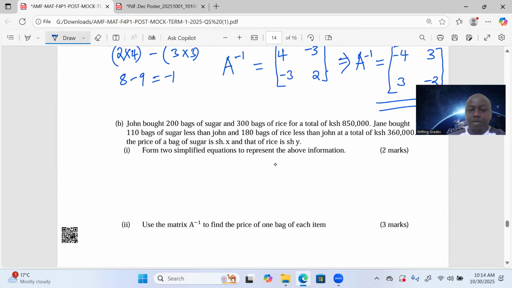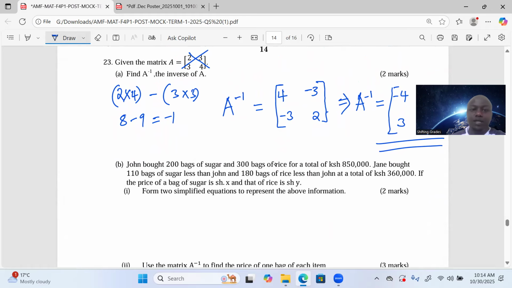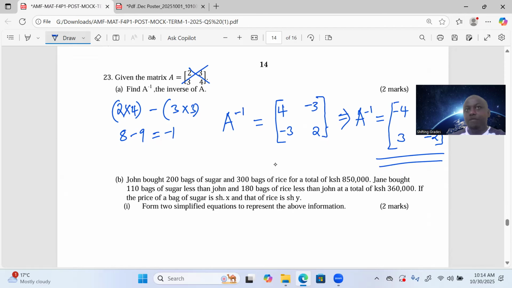Then part B. We're almost winding up, ladies and gentlemen. Let's interpret the information in part B. John bought 200 bags of sugar and 300 bags of rice for a total of 850,000 Kenya shillings.